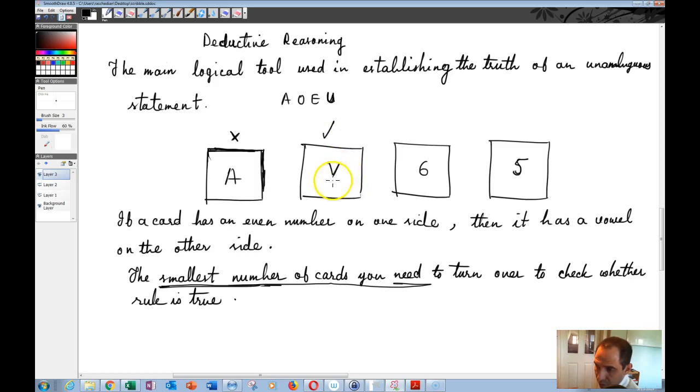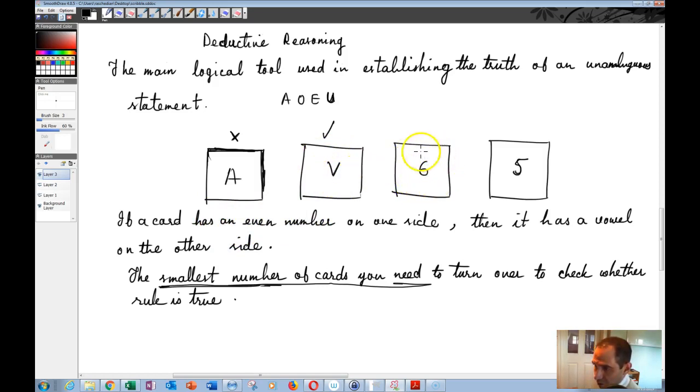And of course about the number being odd, I have not been said anything, so I don't have to worry about that. But if there is basically an even number on the other side of this card, and then there is a consonant here, then this rule would be broken, so I have to check for that.